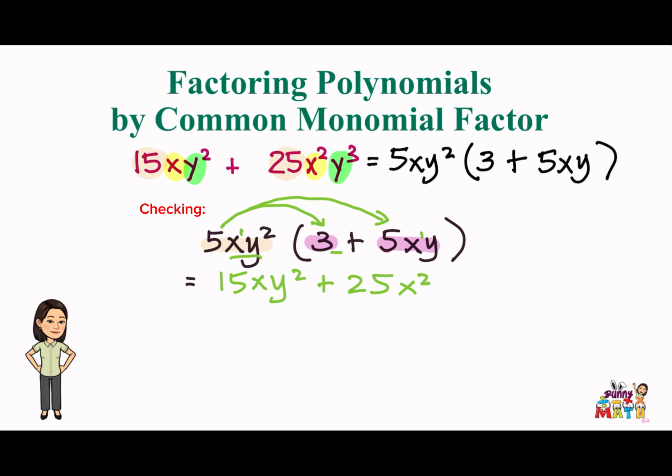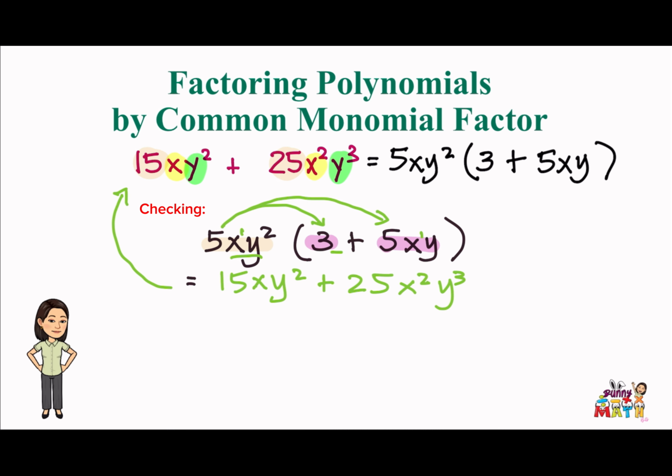Same thing with y. We add our exponents. 2 plus 1 is 3. So now we have the product that is equal to our given polynomial. So therefore, our factors for the polynomial is correct.